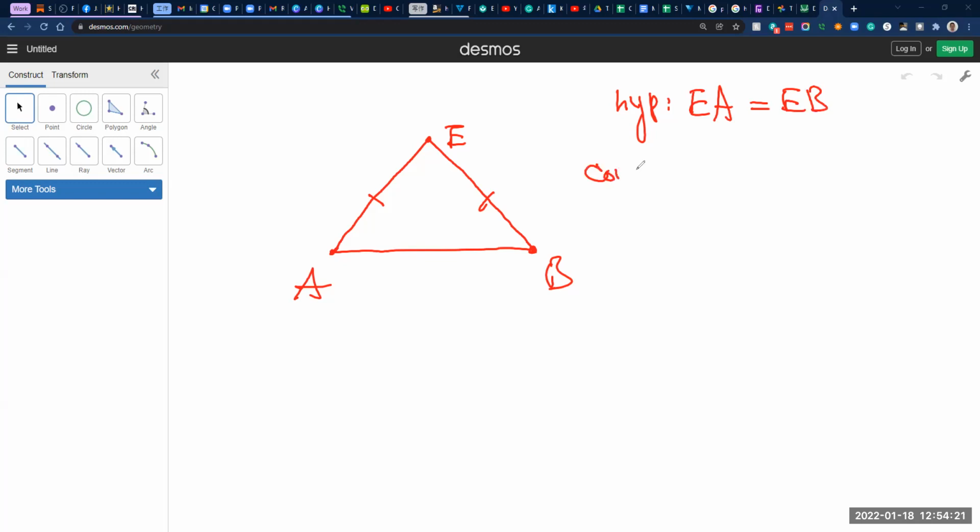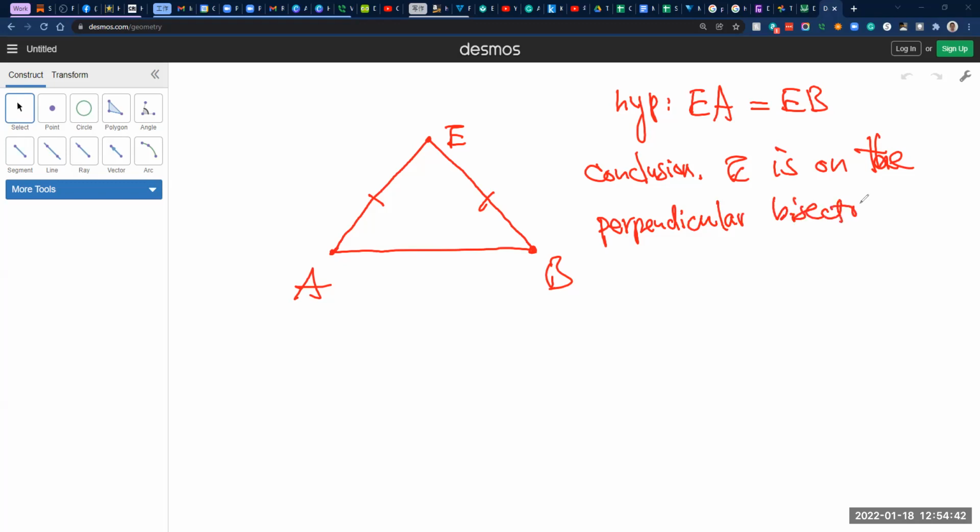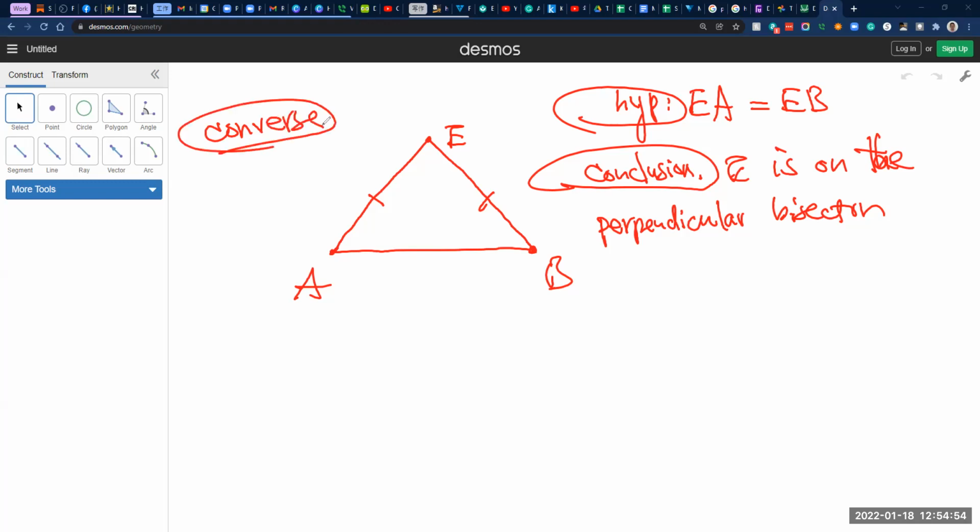And we have a conclusion that E is on the perpendicular bisector. So basically it's the other way around. Conclusion and hypothesis are swapped, so it's called the converse.